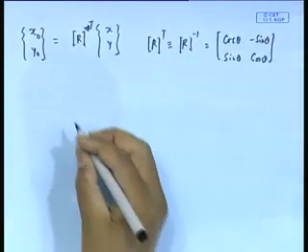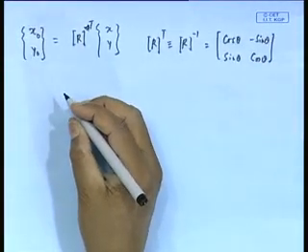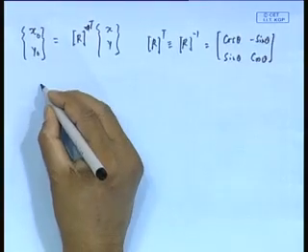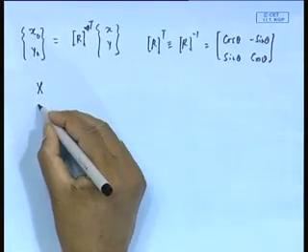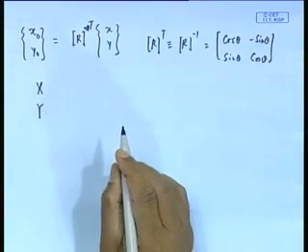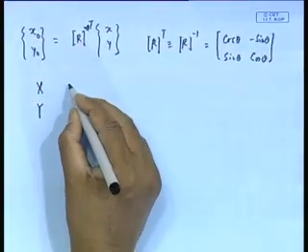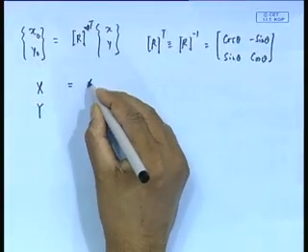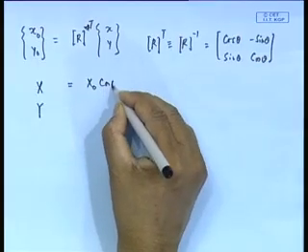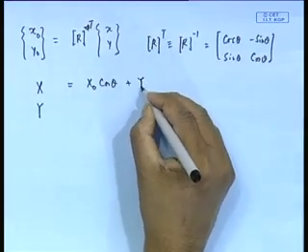So now we are in a position to write this way. You see here, force x and force y. Remember what is x? X is the force along the body axis. So x and y I can write in terms of this. I can straight away write here x0 cos theta plus y0 sin theta.